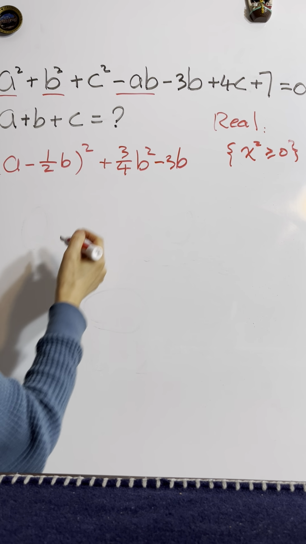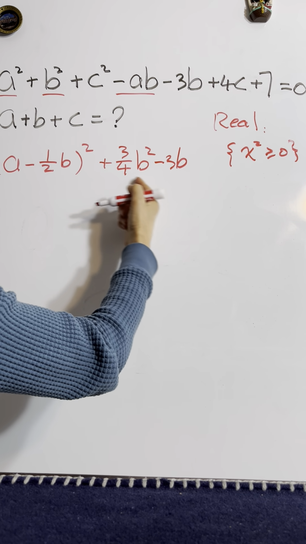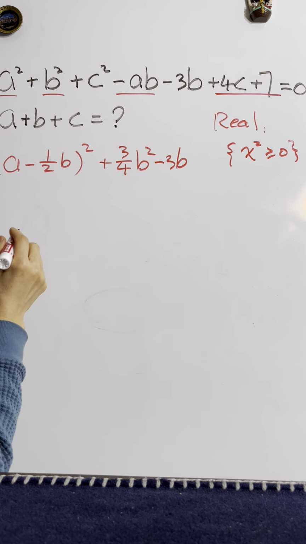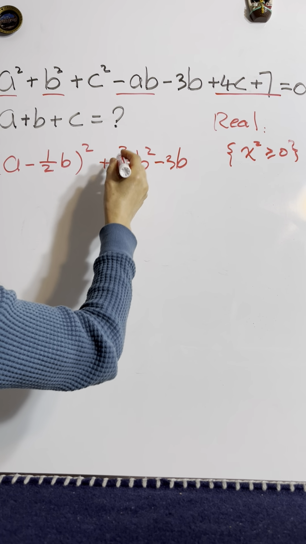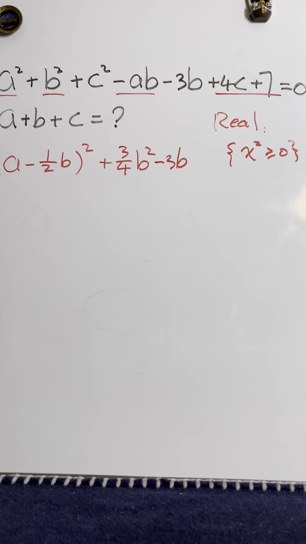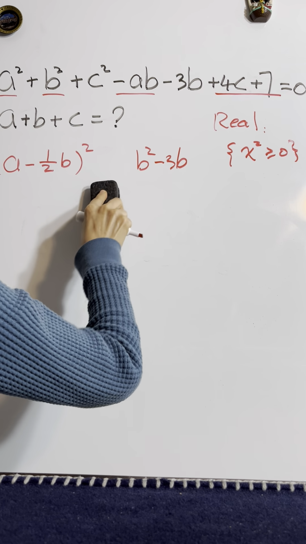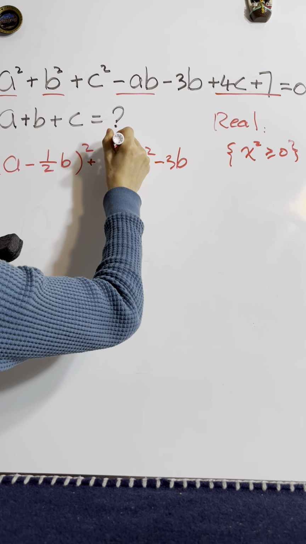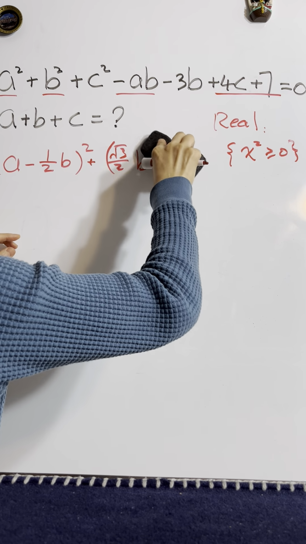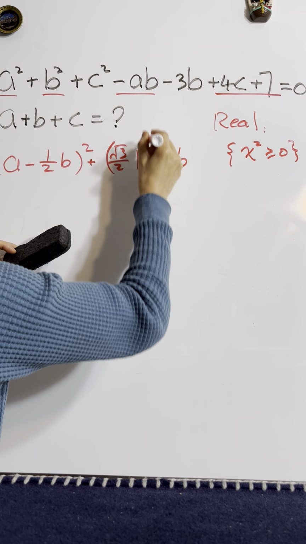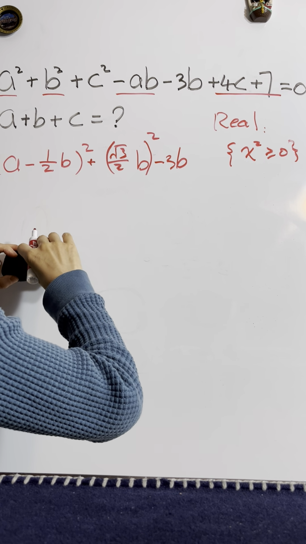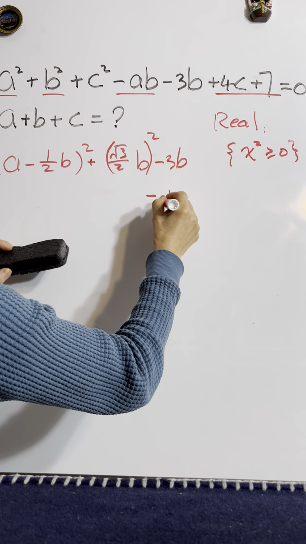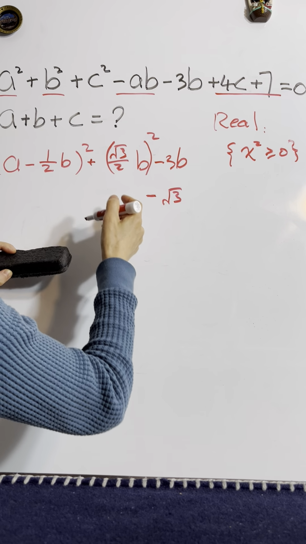So can I make a perfect square with the b term? I still have 4c plus 7 to use. So think, okay, I can make this 3/4 b squared, maybe square root of 3/2 b squared, right? Then if I have this term, maybe I minus square root of 3, what does that give me?